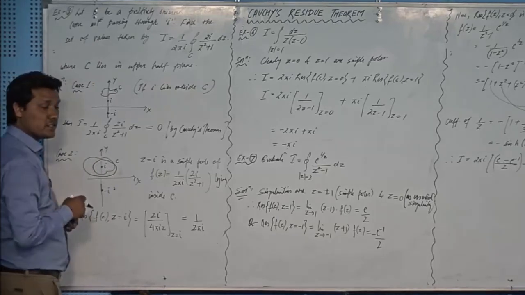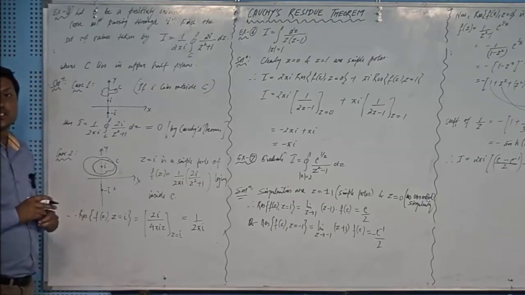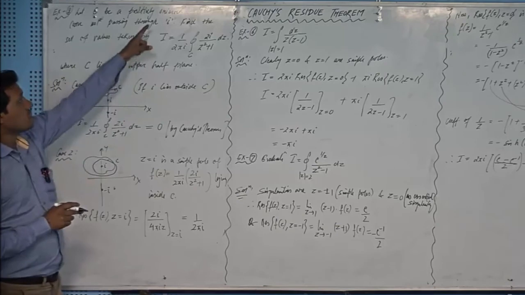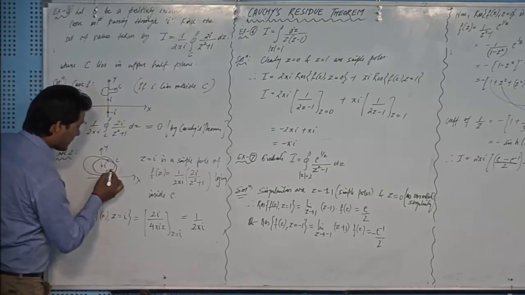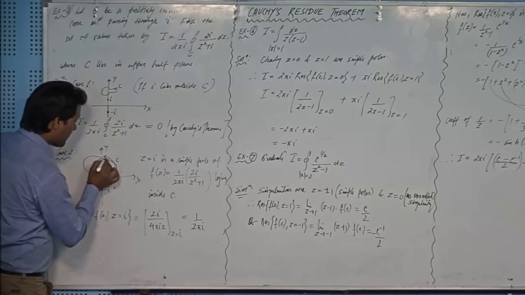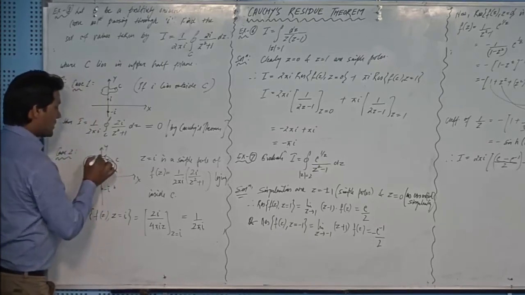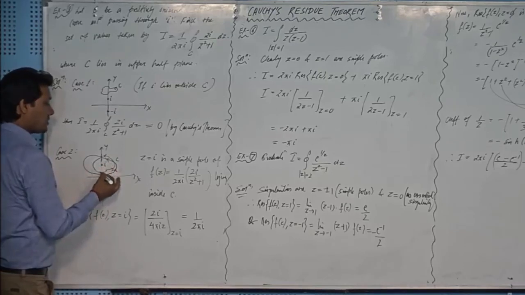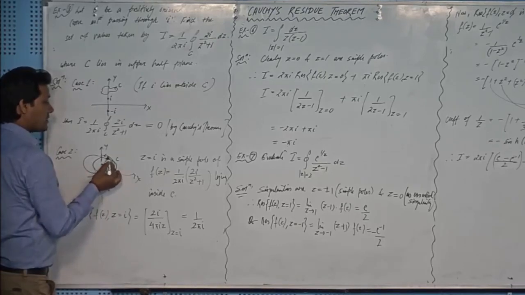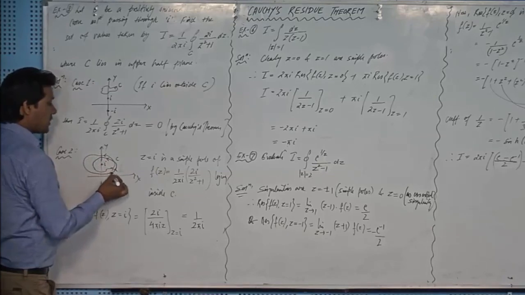A simple curve is one which does not intersect itself, right? But since it is not simple, the curve may intersect itself. So the possibility is like this one, and you can see that your curve is winding around your pole twice. This is the first time, and this is the second time it's winding around your pole iota.